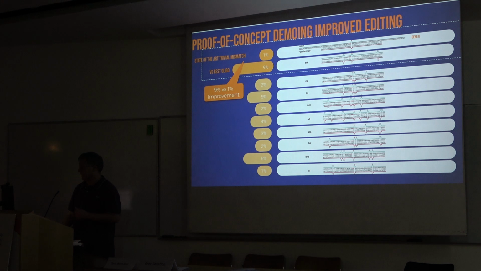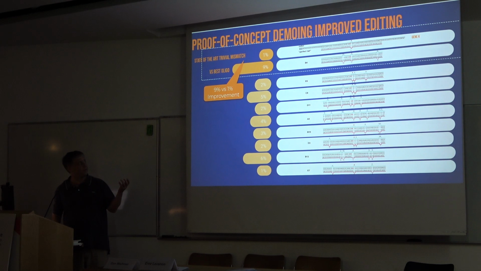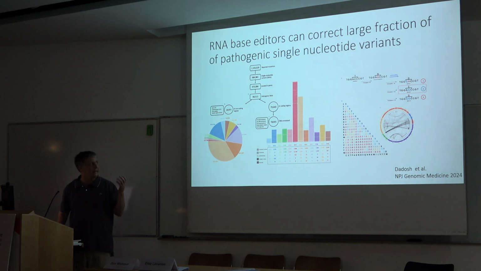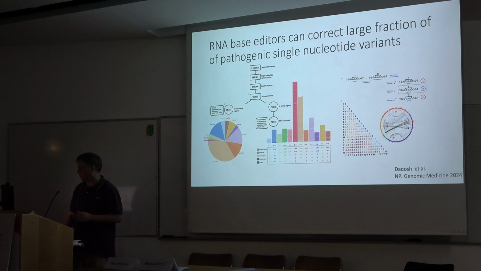This is an example of one effort. When we have mutations that we want to fix, from the many oligos, some of them can generate editing. It can fix many genetic diseases.